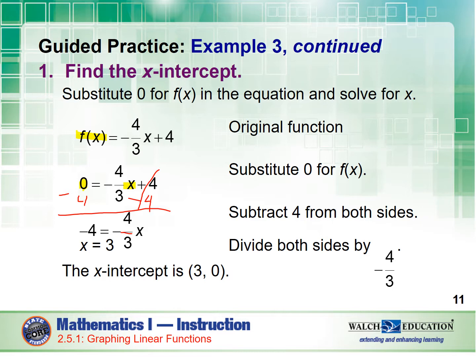That's just a fraction bar. And then in order to get rid of the negative 4/3, we're going to multiply by the reciprocal. Whoops.